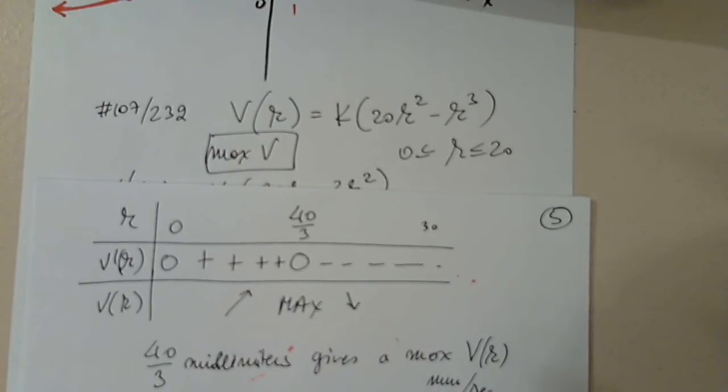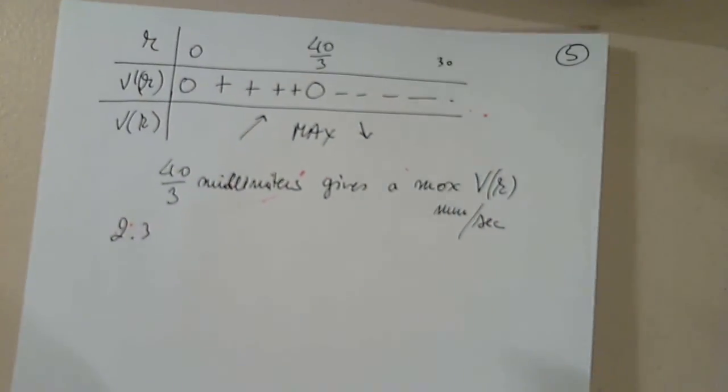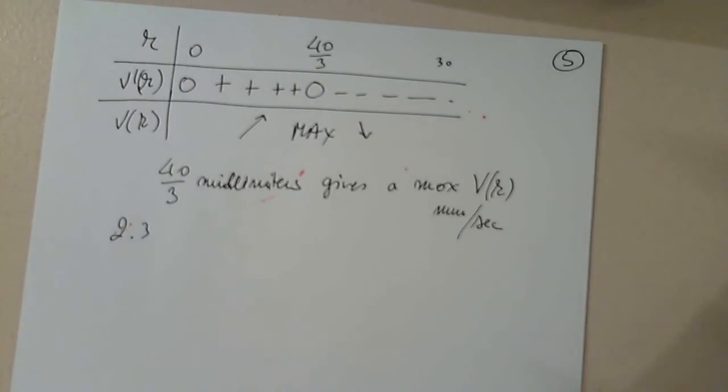Now, in section 2.3, we are looking at more complicated functions and graphing more complicated functions, which are rational functions. So 2.3, I'm going to choose a rational function here and graph it.